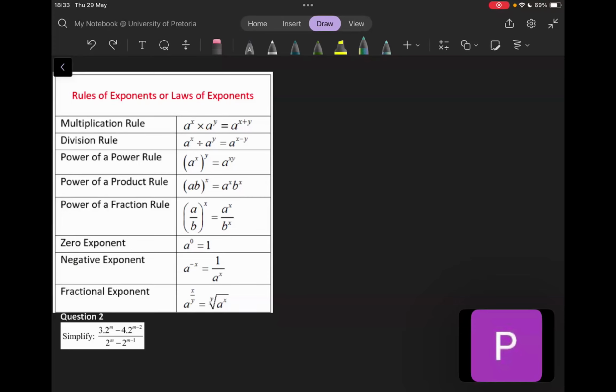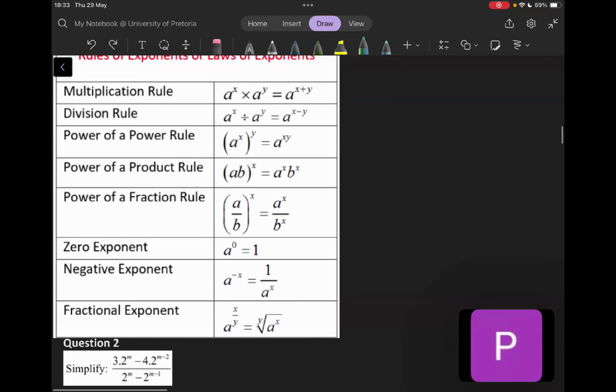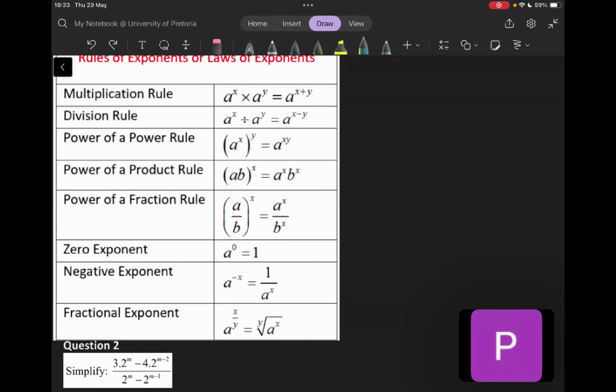Do you have a question? It doesn't seem like it. Can you zoom in on question 2? Thank you. You're welcome.